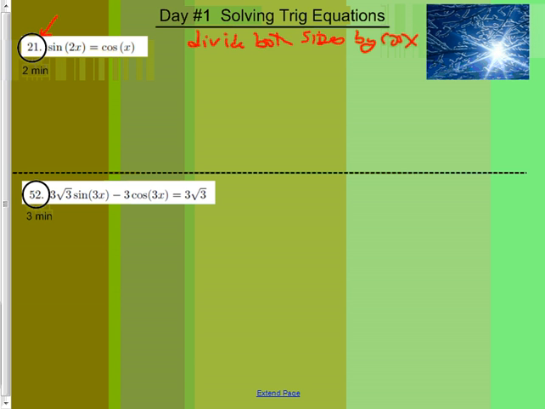I don't feel like you've learned enough to handle giving 6 different variants of the answers. You just have to give one of the 2 answers you normally get, and then say plus 2 pi n, or plus 2 pi n divided by 2, or whatever you have to divide by. So there we go. That should get you through tomorrow's quiz.